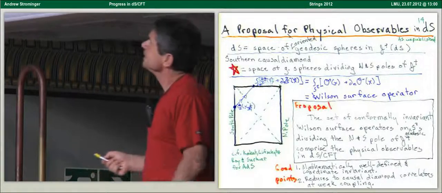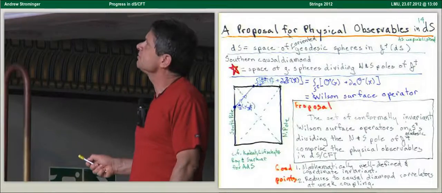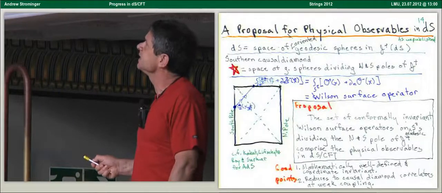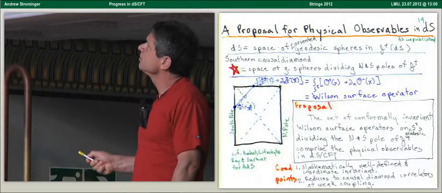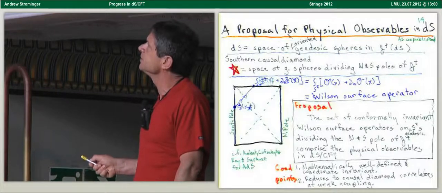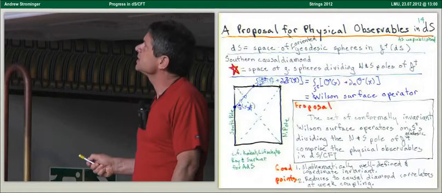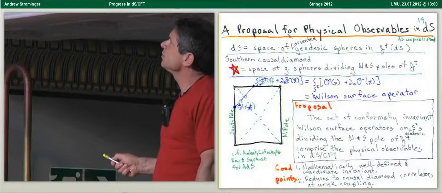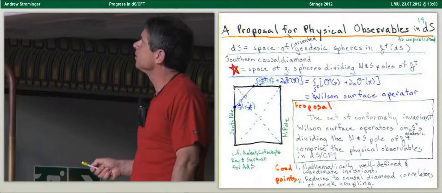So the proposal is that the physical observables in this context in dS/CFT should be the set of Wilson surface operators that live on these two spheres that are the intersection of light cones of points with scri plus, and it should only be those that divide the North and the South Pole.